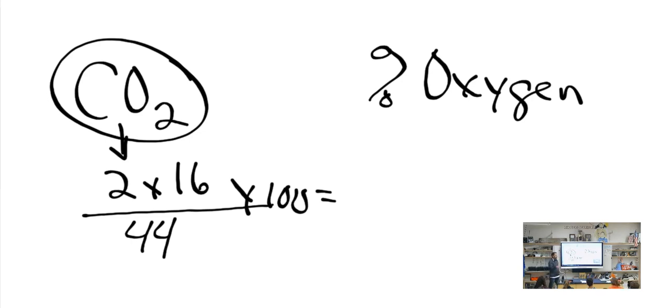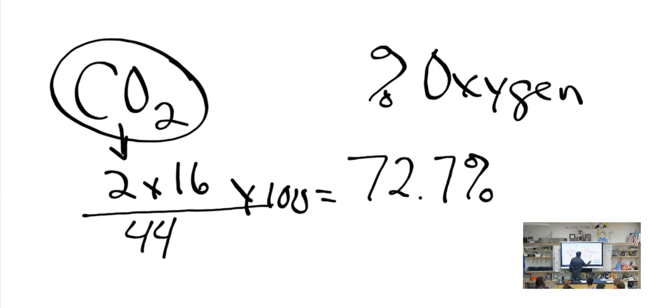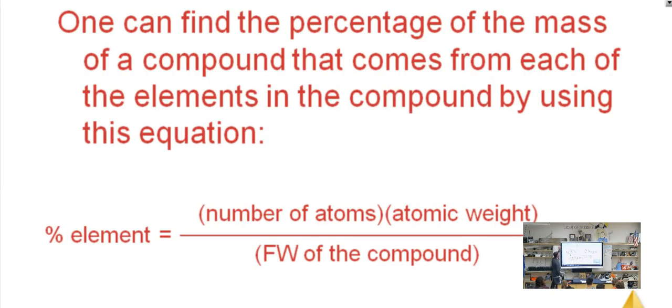You're going to need a calculator all day long today. It's .7272, so 72.7%.